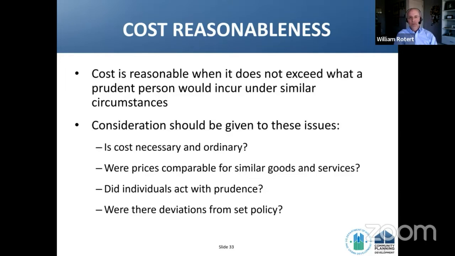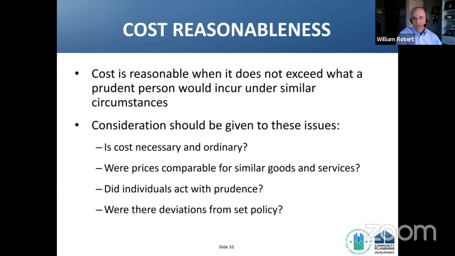One of my reps once famously said the way to look at that is that if this expenditure is outrageously high, then it probably is unreasonable and it probably is not what a prudent person would do. But that's basically what the regulation itself says. So you just have to exercise some discretion here and ask yourself, what would a prudent person do?